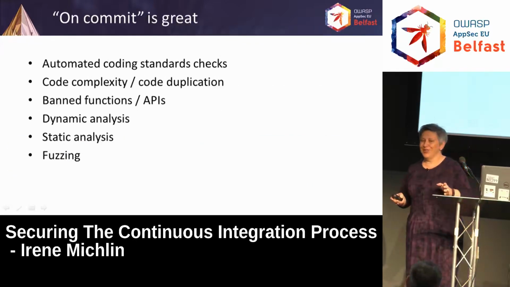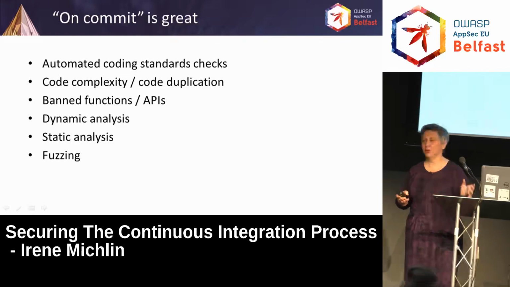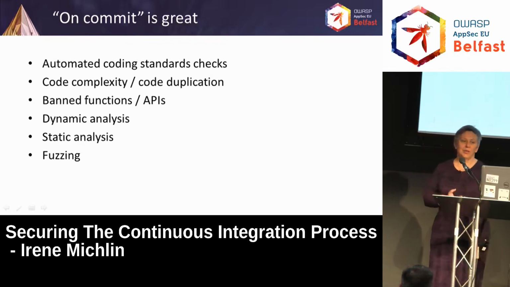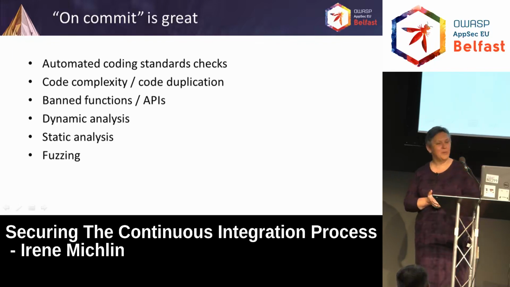So this matrix is not meant to limit you, it's meant to guide you. Maybe in your circumstances, it makes sense to do something advanced before you've done all the intermediates. So don't treat it as a straitjacket. The main trigger in continuous integration is on commit. And gradually, as you mature your pipeline, you will add more and more to this trigger. Don't throw everything at the dev team at the same time.